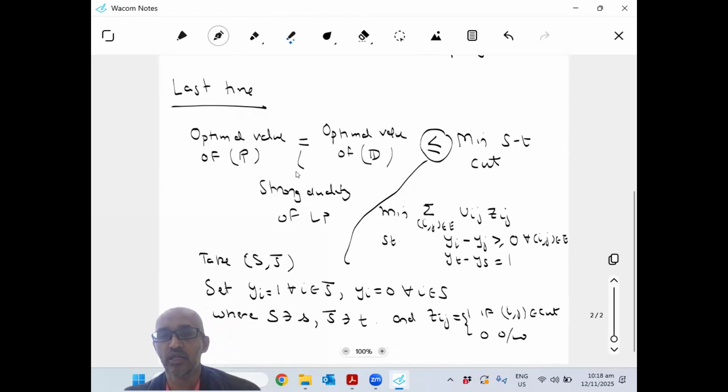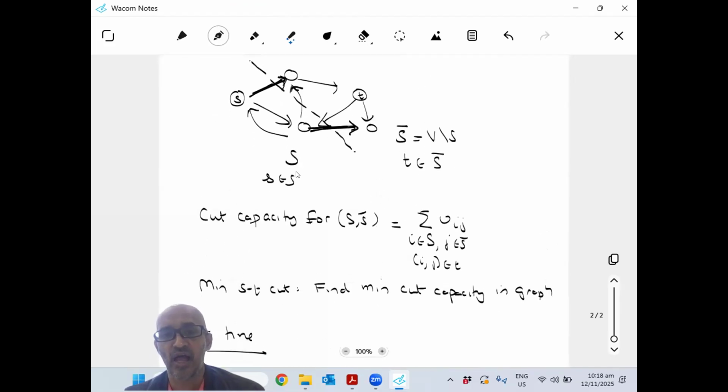So for example, if this was my set S, these two nodes, and S bar was the rest, this says make these two y_i's 0, and make these 1, and set the z_ij's to be 1 for these two edges, and everything else equal to 0. And this will be basically dual feasible.